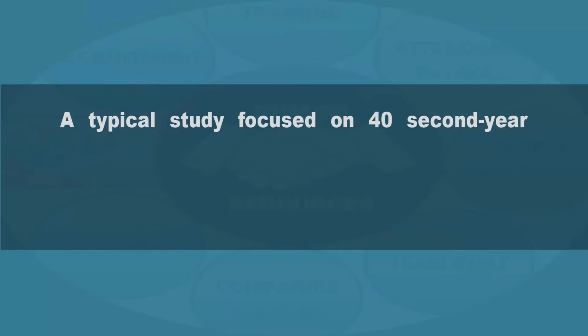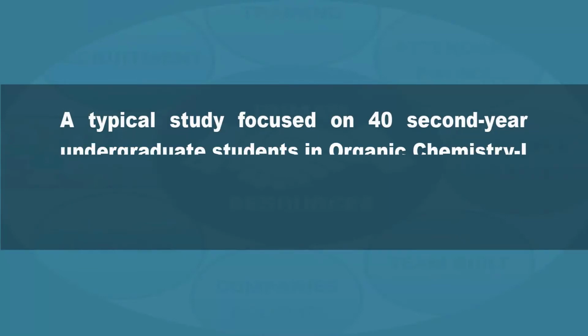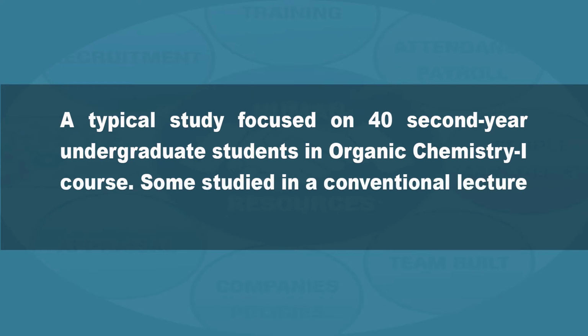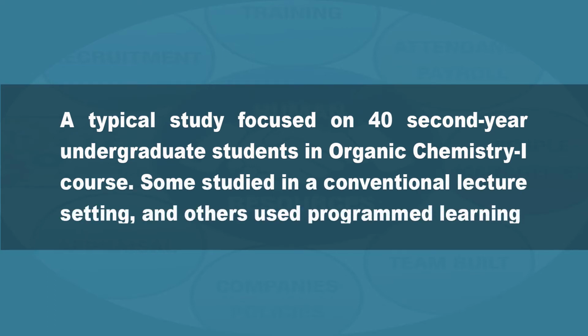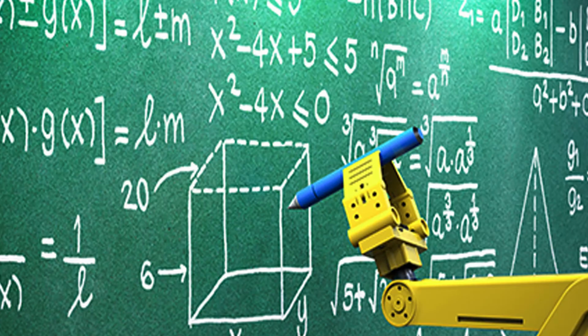error. Let's see an example from the book by Tesler. A typical study focused on 40 second year undergraduate students in organic chemistry 1. Some studied in a conventional lecture setting and others used programmed learning. The researchers concluded that programmed learning could be considered a better alternative to conventional lecturing in teaching stereochemistry.